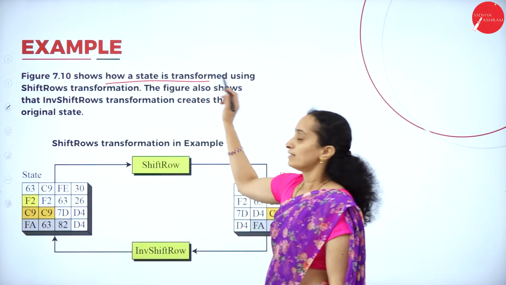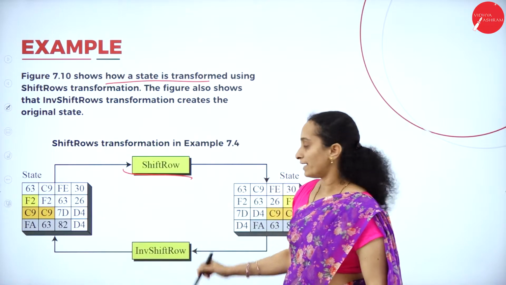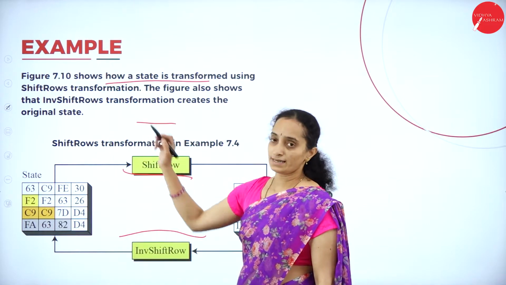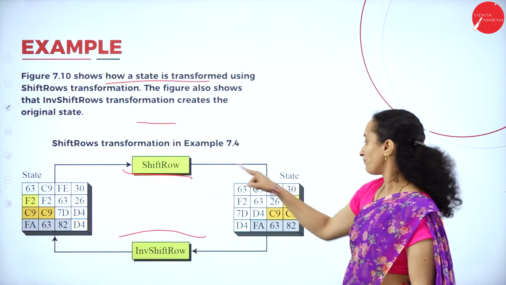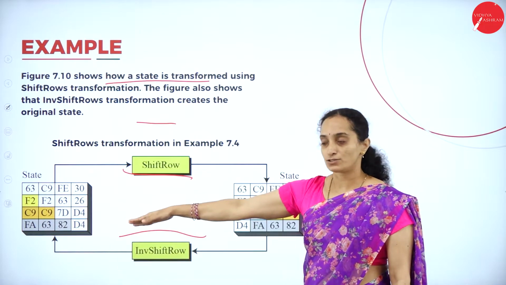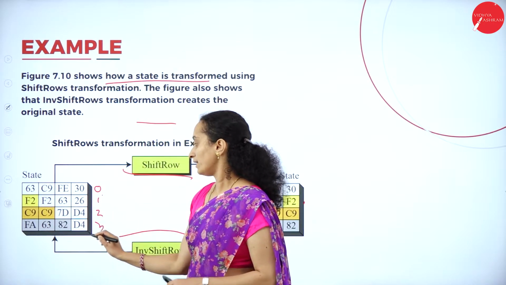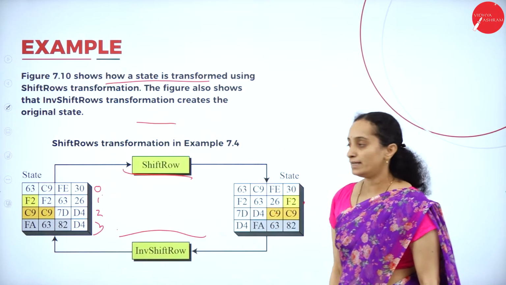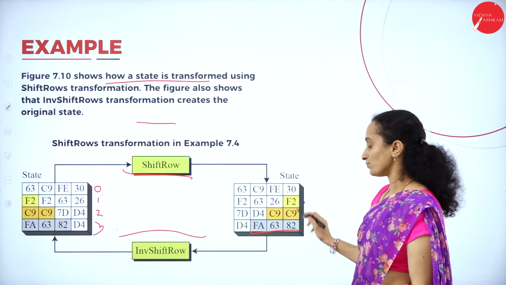Okay. So this diagram shows how a state is transformed using the ShiftRow method and the InvShiftRow method. It creates the original state. You can observe here the first row's first byte F2 is shifted to the leftmost position, whereas from row number 2, 2 bytes are shifted to the left, and in the third row, 3 bytes are shifted to the left.